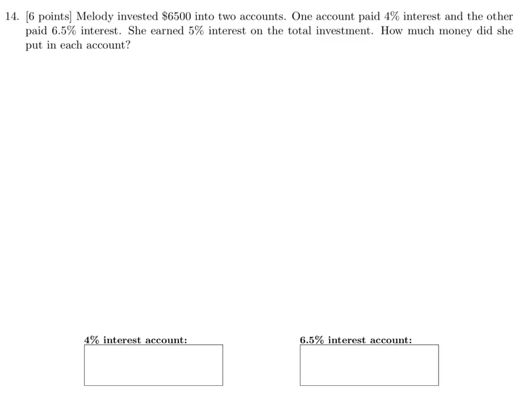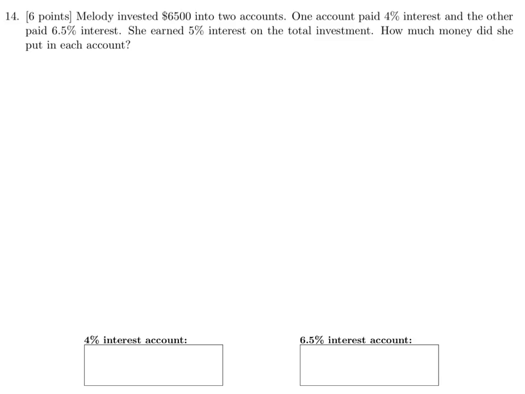And then when she added the interest together, she figured out that, oh, look, I got about 5% interest on my total $6,500 that I invested, okay? So that's kind of a complicated picture, but we're going to break it down, define some variables, and write down some equations describing the situation.